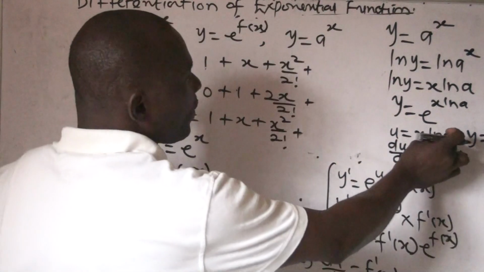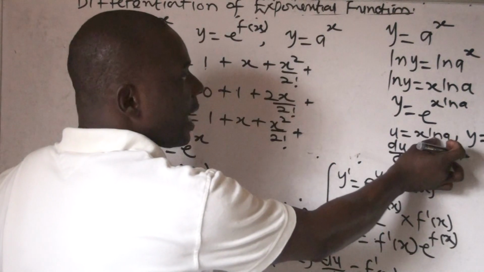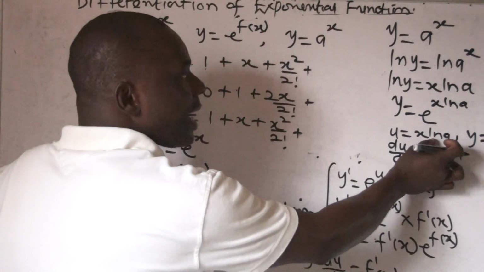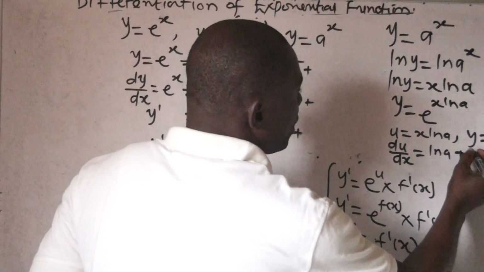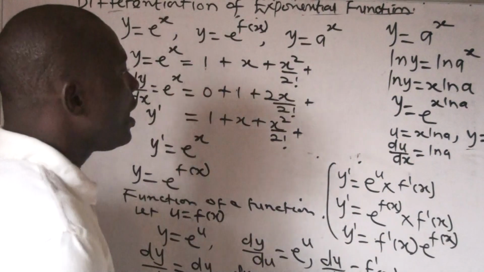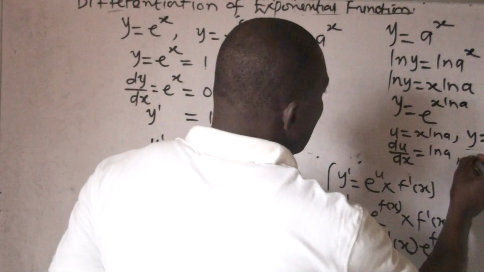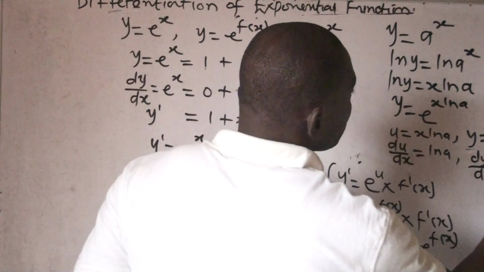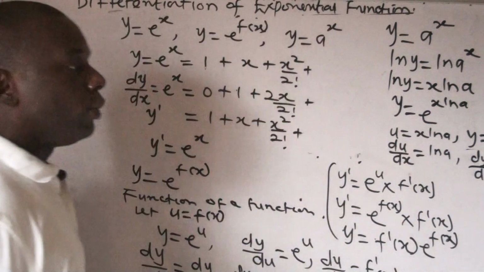Plus, ln a is a constant, and differentiating the constant gives 0. 0 times x just gives us 0. So here this will just be ln a. Then if we differentiate y with respect to u, this will also give us just e raised to the power u.